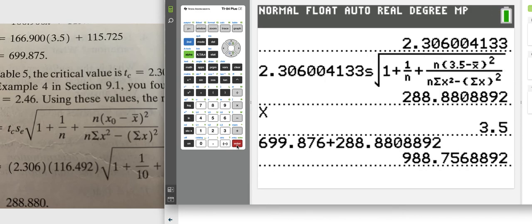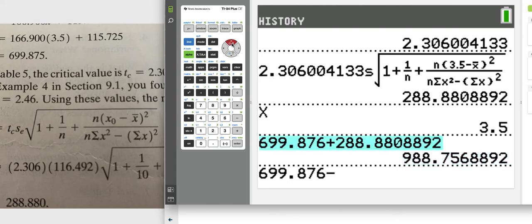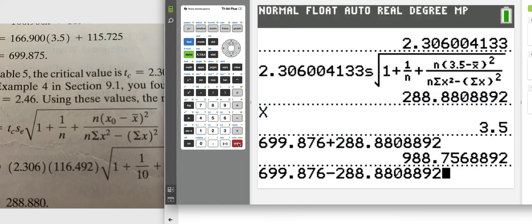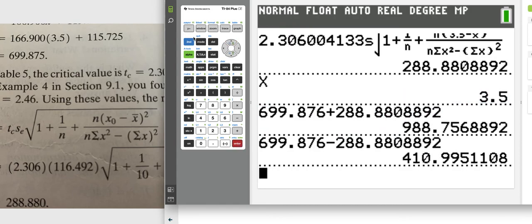Hit enter. And we're going to subtract that number. Hit enter.